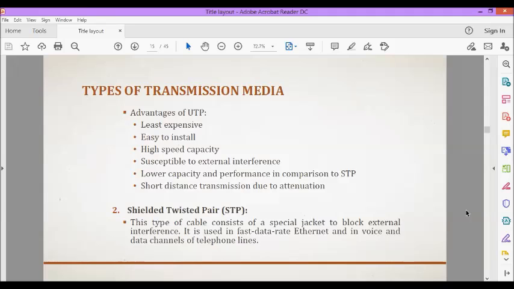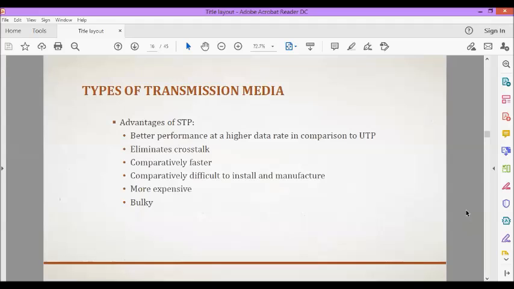This type of cable consists of a special jacket to block external interference. It is used in fast data rate Ethernet, and in voice and data channels of telephone lines. Advantages of STP are better performance at a higher data rate in comparison with UTP, elimination of crosstalk, and comparatively faster speed. Drawbacks are that it is comparatively difficult to install and manufacture, more expensive, and bulky.